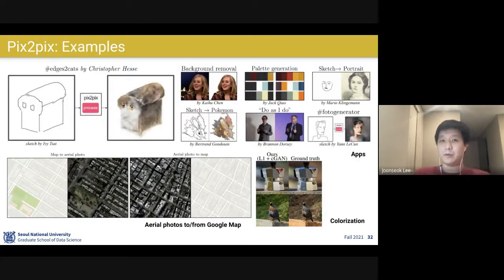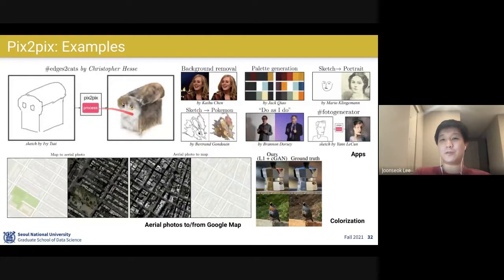And here are some examples. There are a lot of interesting ideas. Here are the aerial photos on Google Maps. Either way, you can generate this aerial photo from just the map. Going from this to this sounds easy, right? But from this to this one is much more difficult. We have to draw more photo-like images.